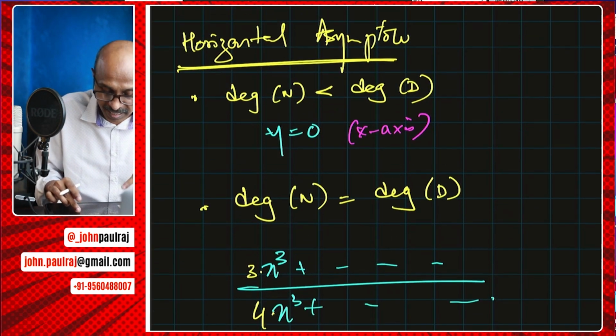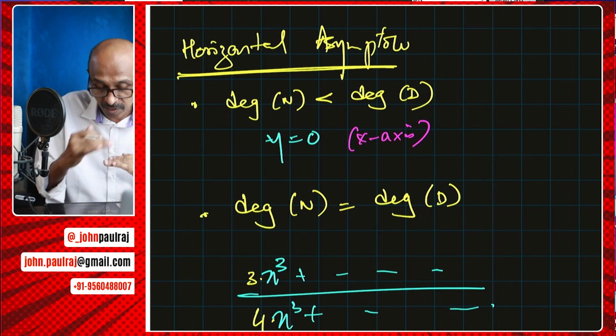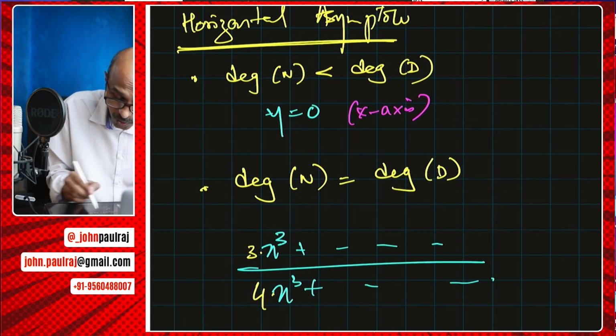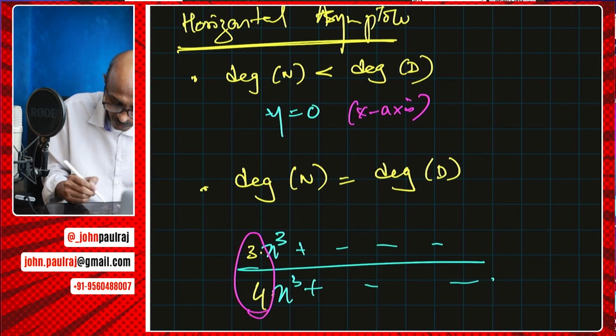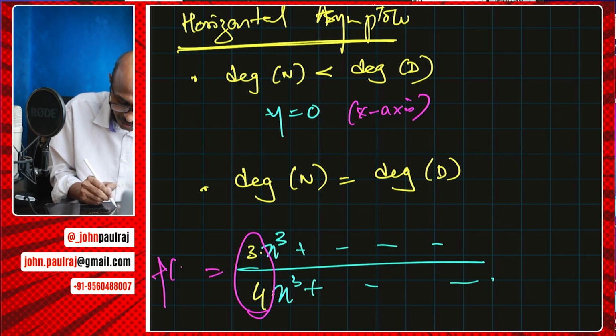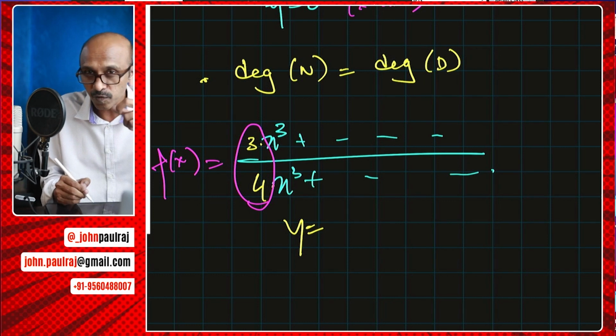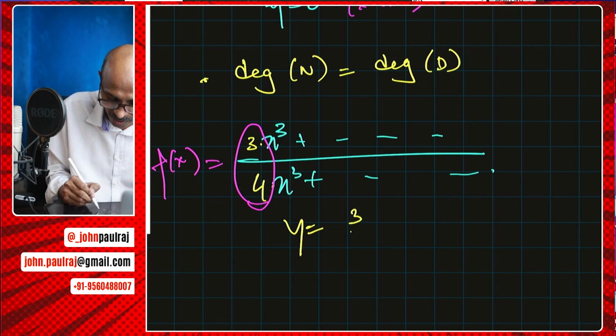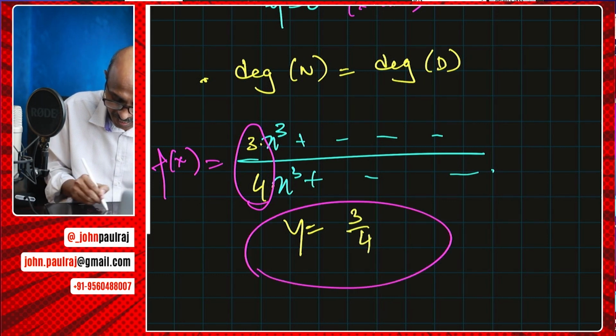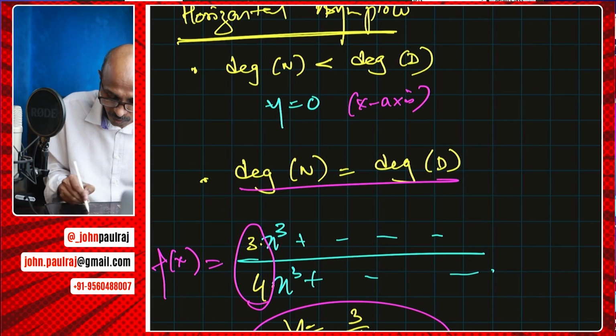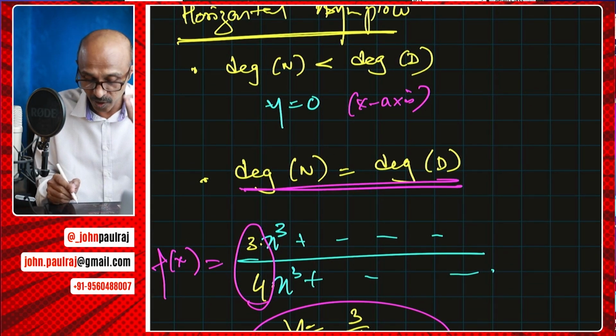When the degrees are equal, the horizontal asymptote is y equals the ratio of the leading coefficients, so it's going to be 3 over 4, just like that.